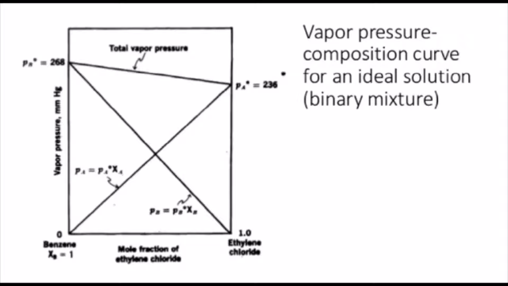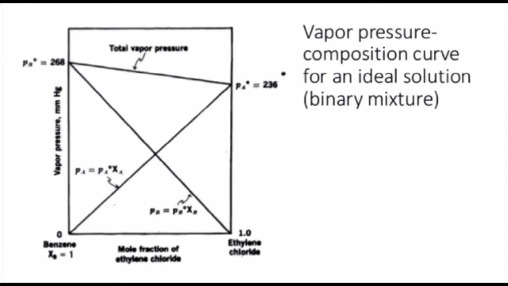If we plot the graph for benzene, the pure vapor pressure of benzene is 236 mmHg, and the partial pressure of benzene can be obtained by P0A into XA.